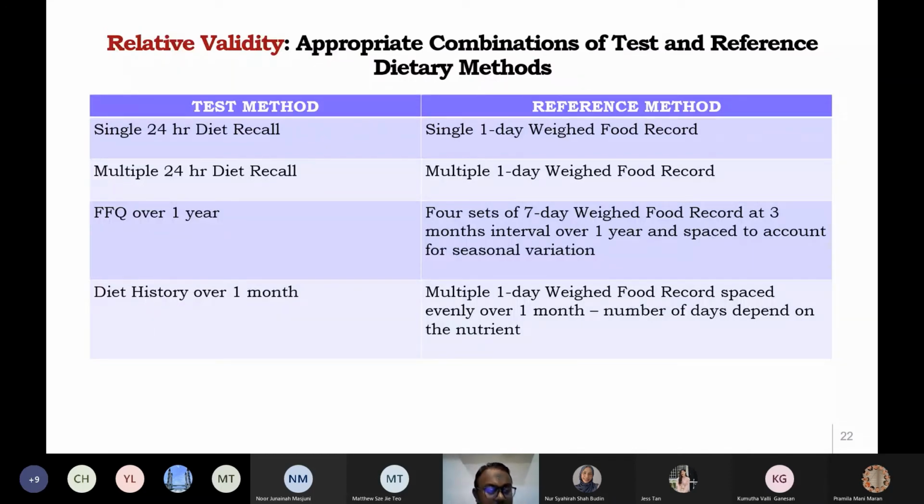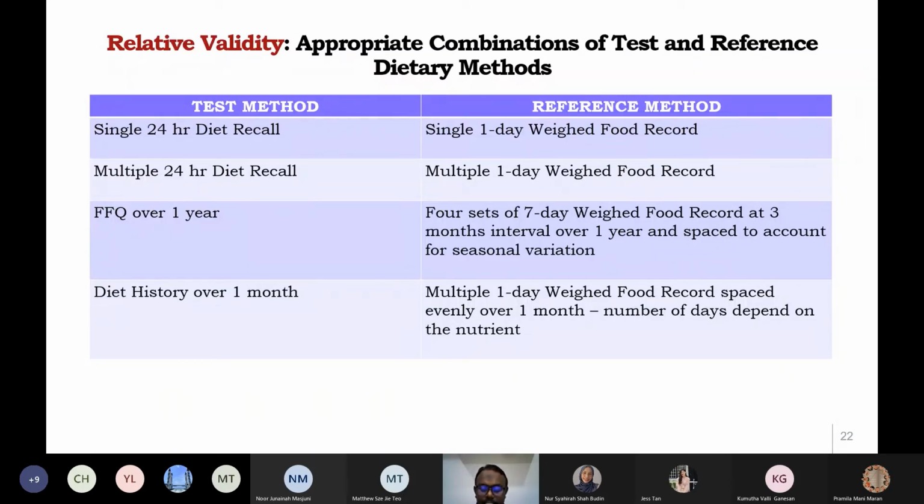This is different from before, because your FFQ is over 1 year, therefore you need data from the whole year. When your diet history is only over 1 month, you only need data spaced evenly over 1 month. You can have 14 days of weighed food record, but it's spaced evenly in a month.